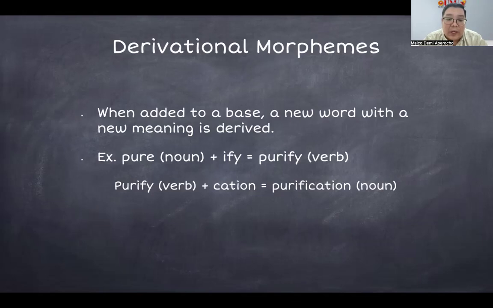The same goes with the suffixation from the verb purify, and then you add the suffix cation to make the word purification, which is a noun. Cation there is another example of a derivational morpheme. So in short, any affix that you attach to a word, and if it changes the part of speech of that word, that can be considered a derivational morpheme.